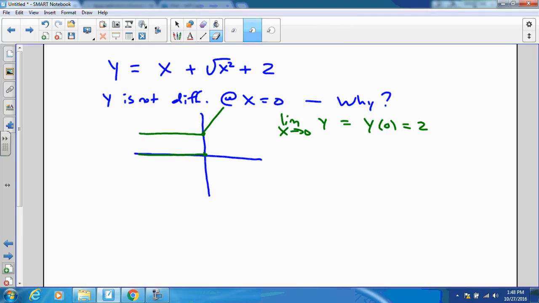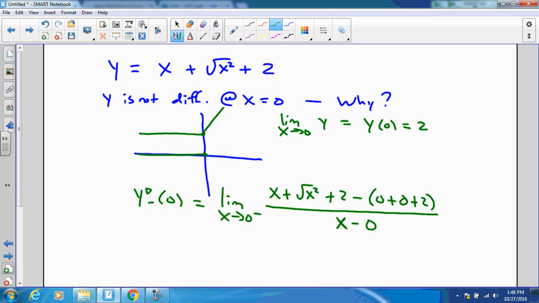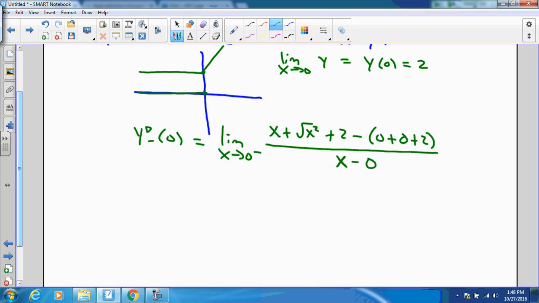So I would compute y prime at 0 from the left, as the limit as x goes to 0 from the left of f of x minus f of 0.